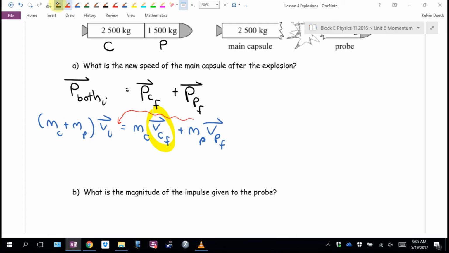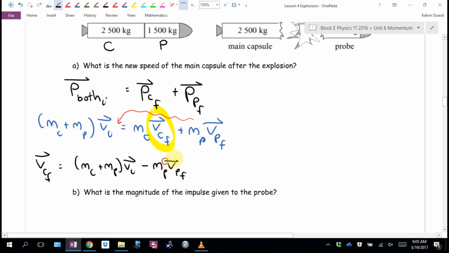Okay, let's see if we can do this in one fell swoop. So VCF, the final velocity of the capsule, is going to be both, drop down like a domino, minus mass of the probe, divided by mass of the capsule. What was the mass of both of them put together?